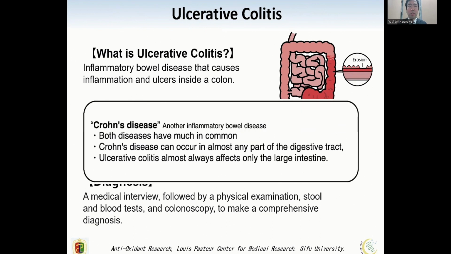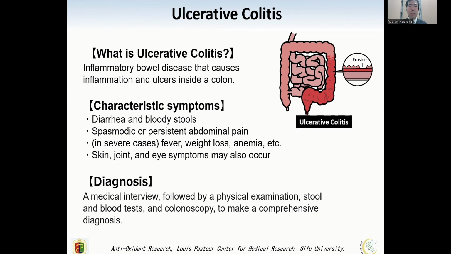There is also a similar inflammatory bowel disease called Crohn's disease. Both diseases have much in common, but Crohn's disease can occur in almost any part of the digestive tract, whereas ulcerative colitis almost always affects only the large intestine.